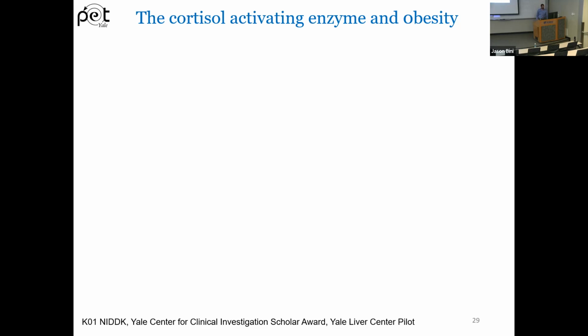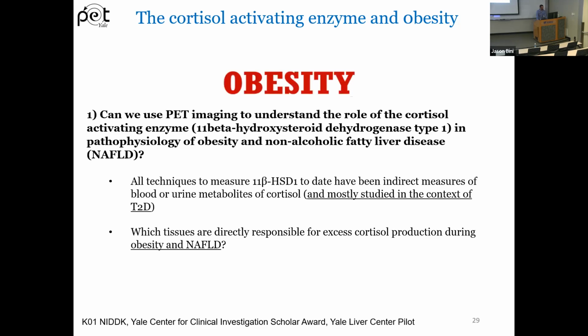Thanks. So I'll shift gears a little bit. This is my interest in looking at the stress component of overall cortisol, the enzyme that activates cortisol in obesity. This was actually the focus of my KL1 and a couple other pilot fundings.